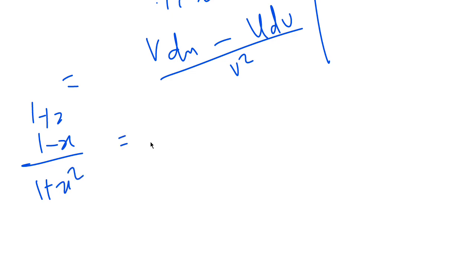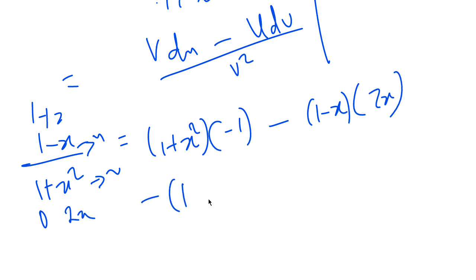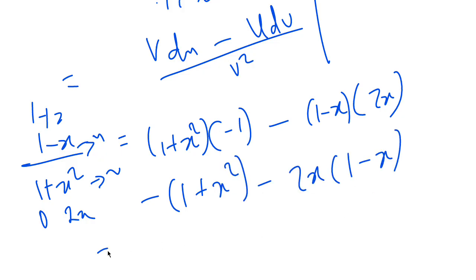So we then have 1 plus x squared into minus 1 minus, now u is 1 minus x into dv. Remember, this is u, this is v. If we differentiate 1, it's 0. Differential of x squared, that will be 2x, right? So we then have it as negative 1 plus x squared minus 2x into 1 minus x. This one can be simplified.